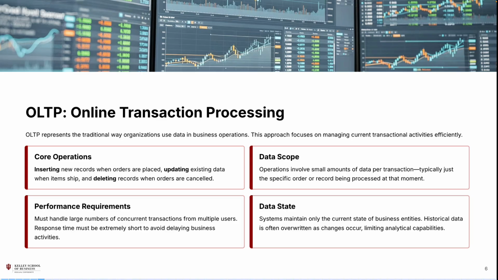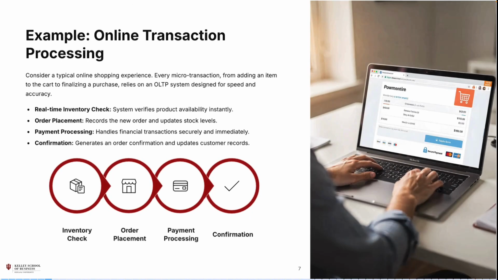But OLTP doesn't handle "show me coffee sales trends by neighborhood correlated with weather patterns over the last 2 years." That query would join multiple tables, scan millions of rows, and potentially lock up your system while people are waiting for their morning coffee. So OLTP maintains current state beautifully, but historical data often gets overwritten.